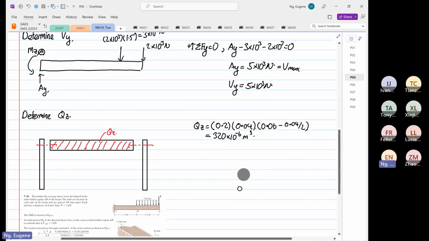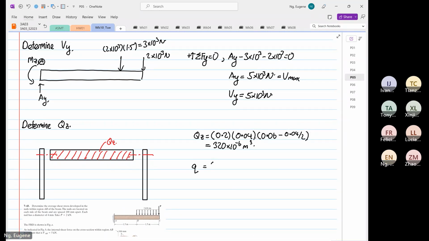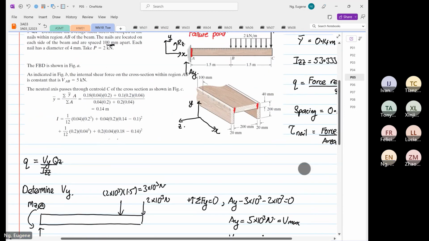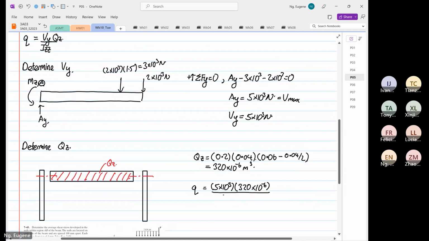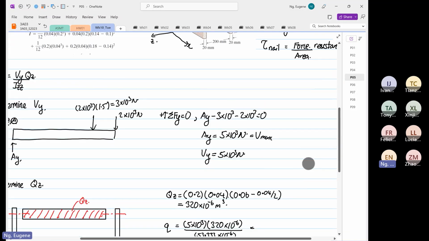Okay. So from here, we know that our Q is equal to V, 5 times 10 to the power 3, times Q, 320 times 10 to the power minus 6, then divided by our I, 53.333 times 10 to the power minus 6, right? And then this will be equal to the force resistance.